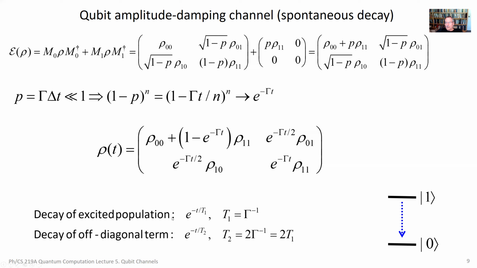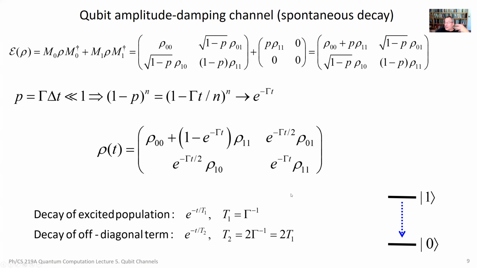The standard language used in experimental physics is that the characteristic decay time for the excited population is called the T1 time. So we call this exponential factor e to the minus t over capital T1. Capital T1, that spontaneous decay lifetime, is just 1 over gamma.